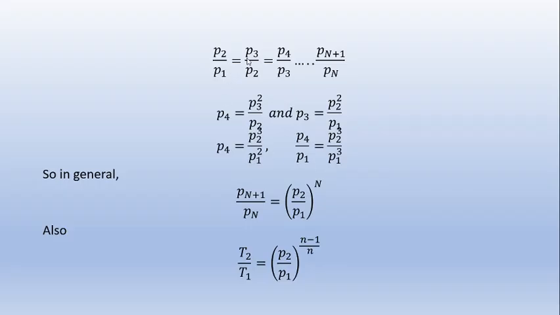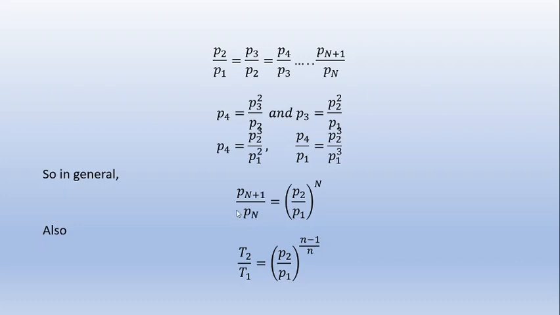We are considering only three stages. We will get delivery pressure divided by inlet pressure is equal to first intermediate pressure cube divided by initial pressure cube.